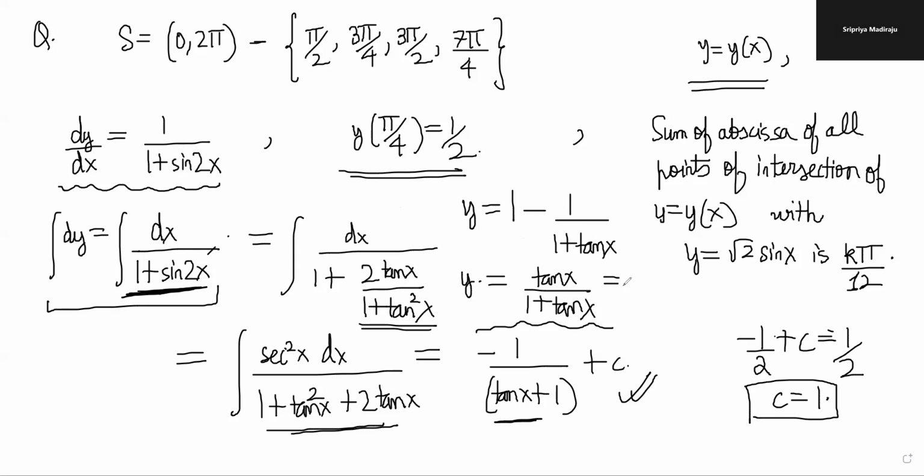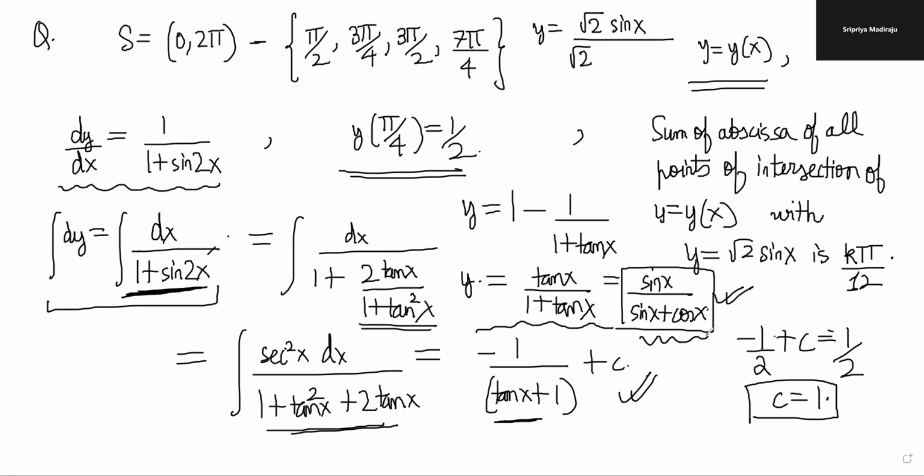And if you convert to sine and cos, it will become sine x by 1 plus sine x plus cos x. And if I do a little more simplification, it is becoming root 2 sine x by root 2, or we can just keep it like this only.